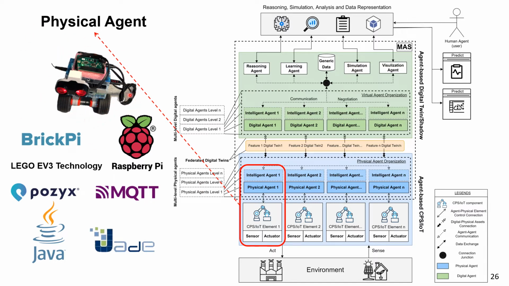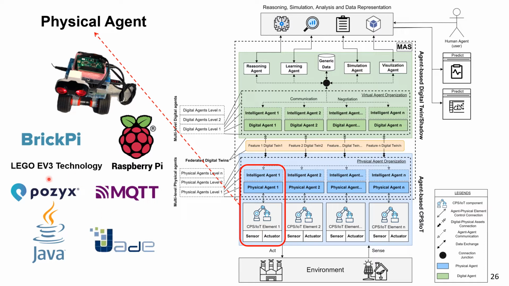And this robot is a physical system, and inside this robot, on the Raspberry Pi and BrickPi, there is an agent deployed which controls all the processes and operations of this robot. So this is called a physical agent.